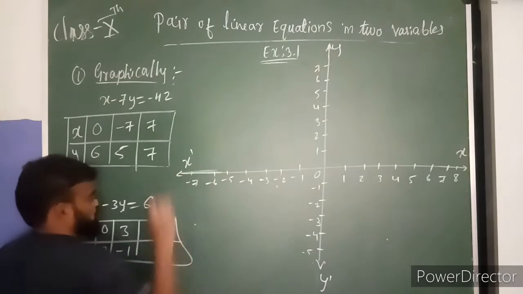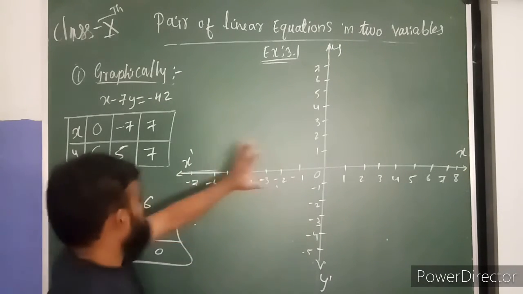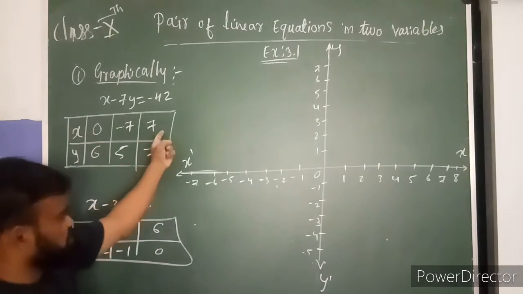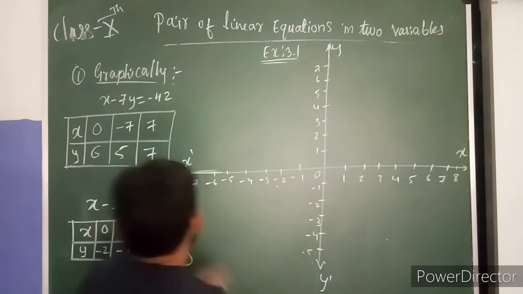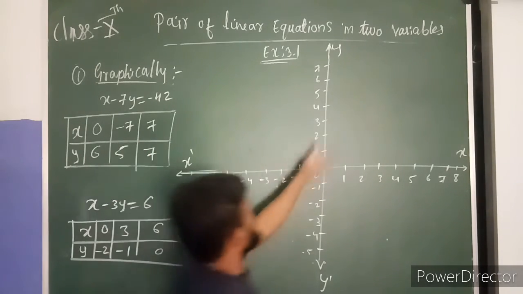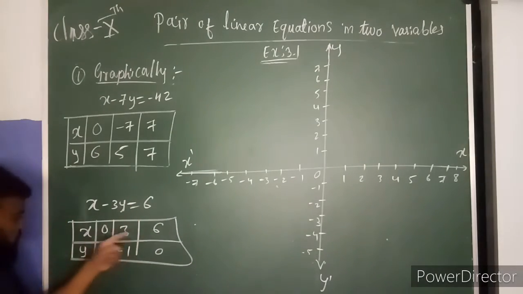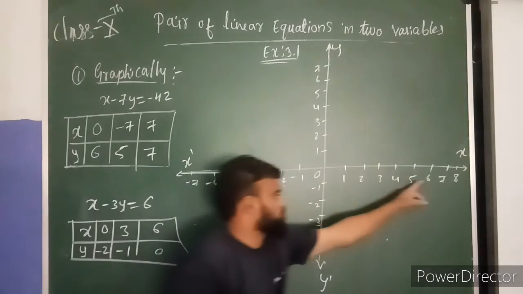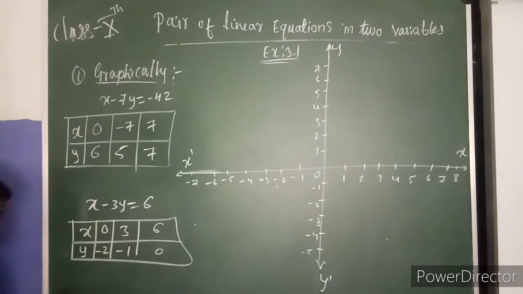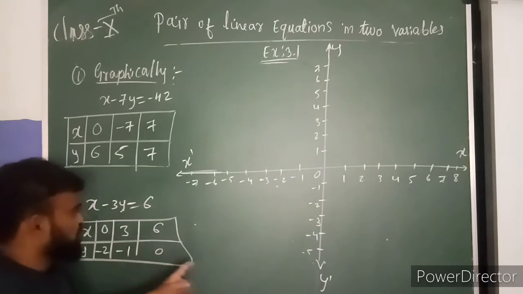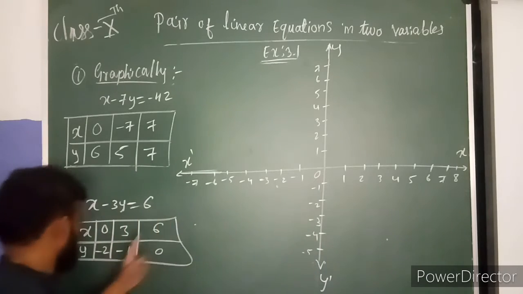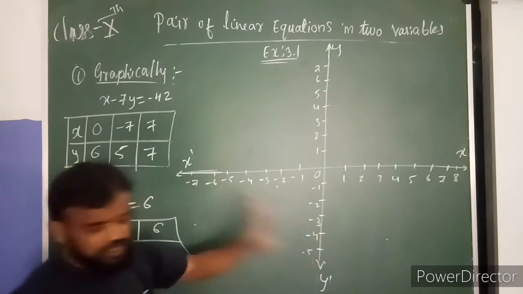This is x dash. See, I have drawn the maximum value of the x-axis as plus 7. The y value is also maximum 7. The x values are all positive, maximum is 6, and the y values are negative, minus 1, 2, that's it.